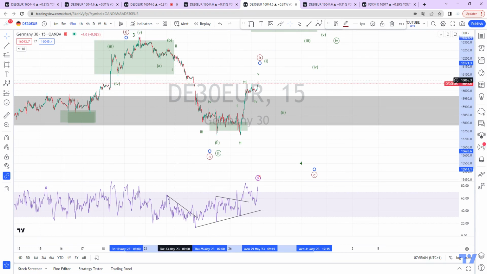So this can be an A, like this is impulsive. It can also be an ABC with an extended wave C, but this can also be an A. Then we have here our B, and then we can come down in a C.